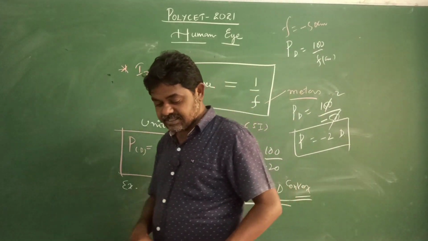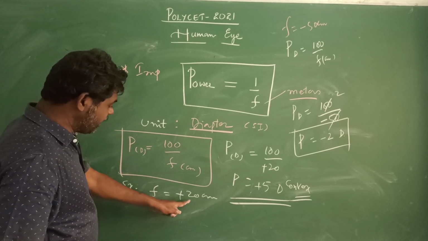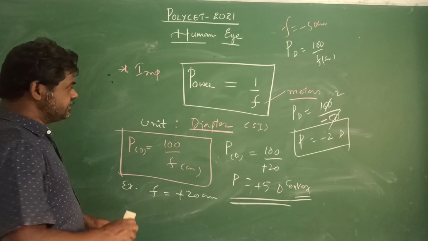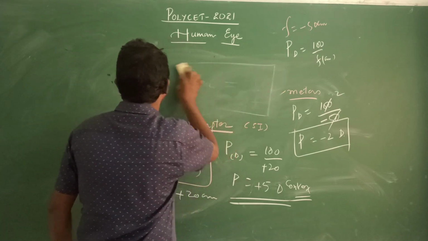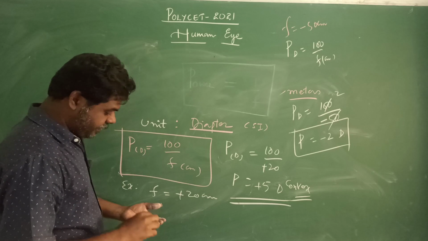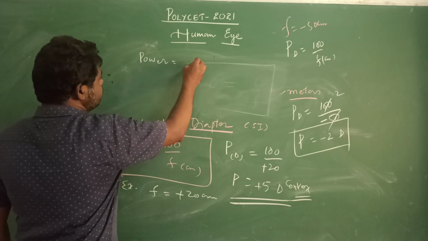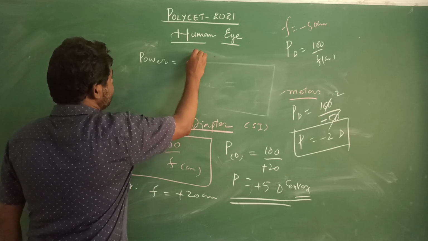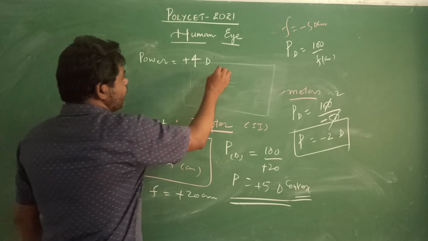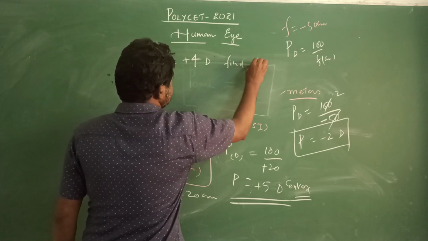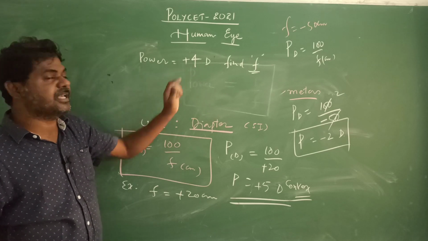Let's see that example also. When focal length is given we can find power. Now we will see how you can find focal length if power is given. Now if power is +4 diopters, find the focal length. This is the question. So what is the focal length if the power is +4 diopters?